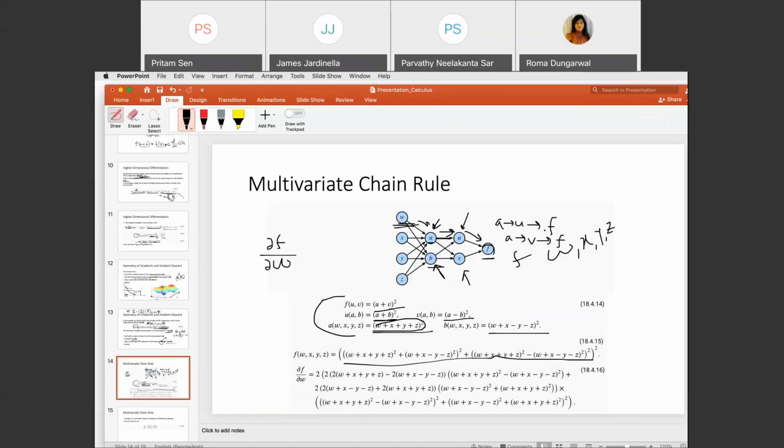So now we want to calculate the impact of a, that means the partial derivative of f with respect to a.